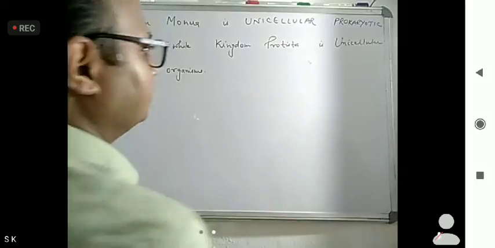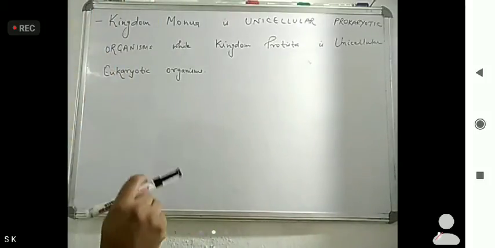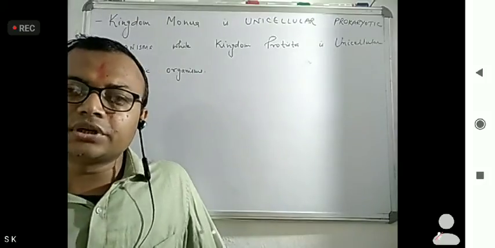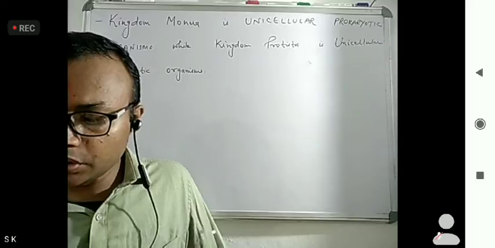Okay, so Kingdom Monera is unicellular prokaryotic organisms and Kingdom Protista is unicellular eukaryotic organisms.